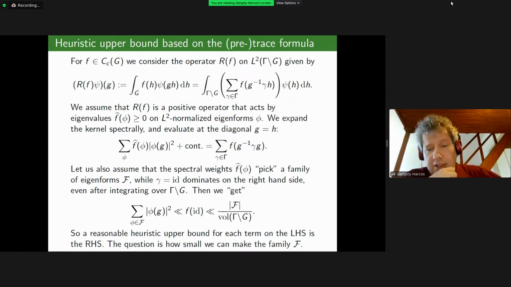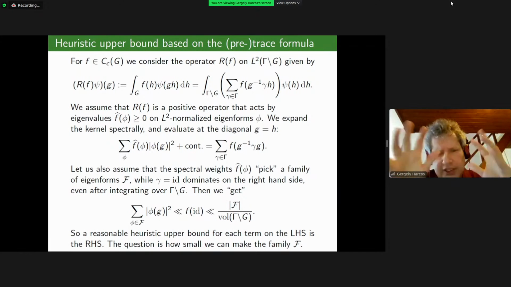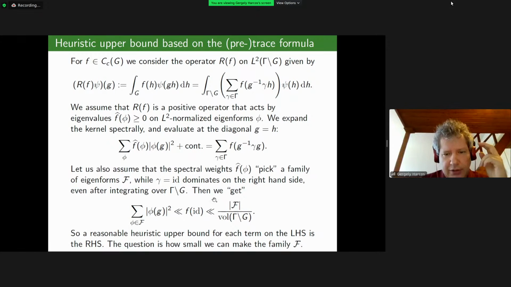This is how the Weyl law is proved in practice. But of course, the details are more complicated, because here I'm creating a situation that doesn't really exist. Anyway, for heuristic reasoning, we can think of all these conditions being satisfied.